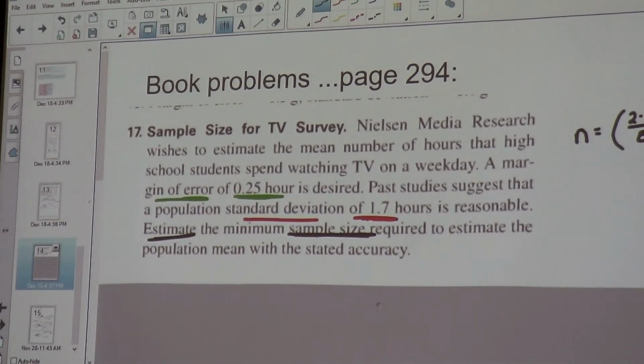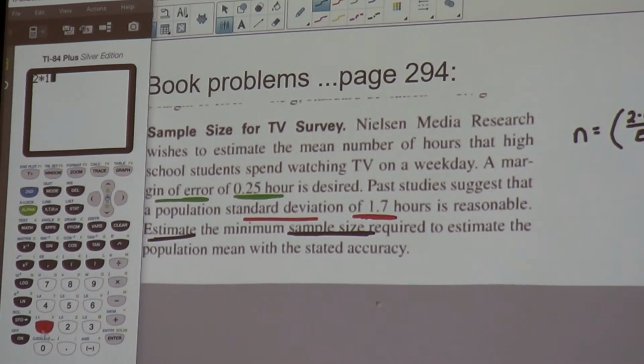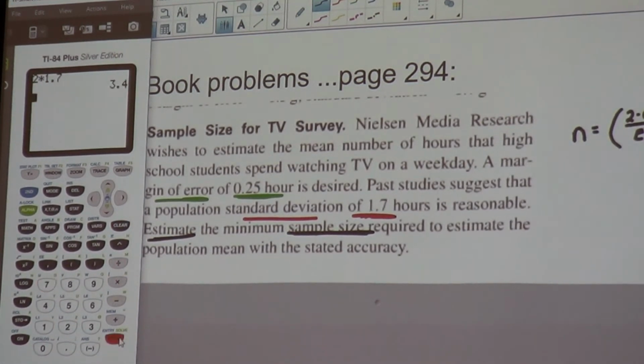So if I come over here, I'm going to do 2 times the 1.7, get an answer. Then I'm going to divide it by the error, which is 0.25, get an answer. Now, you can always do to the second, but there's also the little button that's squared that means to the second. So I can do it that way as well.